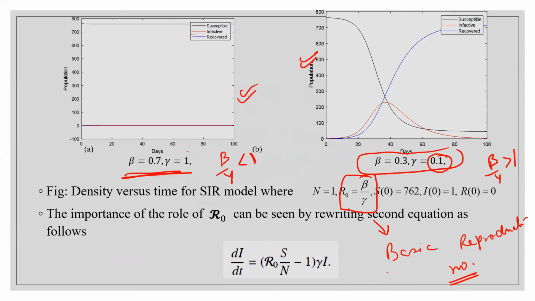That's why I was saying that the basic reproduction number is important, because epidemiologists take out this number and see how to make this value less than 1. They focus on those parameters only. Are you getting the idea? If I somehow make this less than 1, the disease will die out.